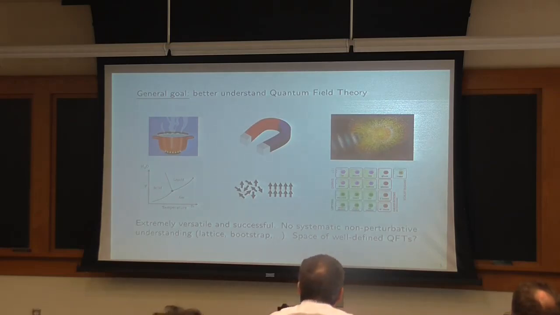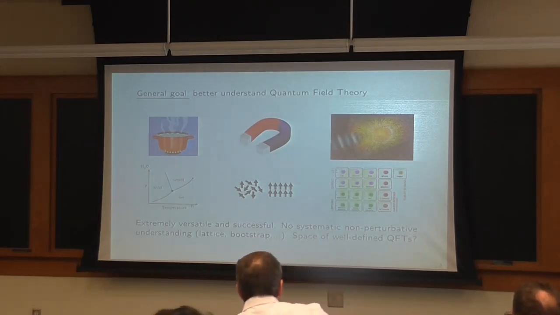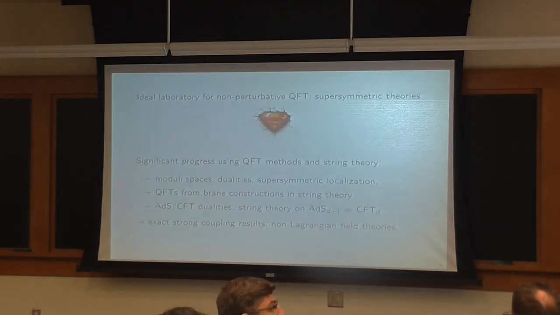And that seems to be a somewhat substantial question, given that it is our go-to framework for each and every circumstance, ranging from water to magnets and matter to particle physics. So understanding quantum field theory non-perturbatively, of course, is a tall order.